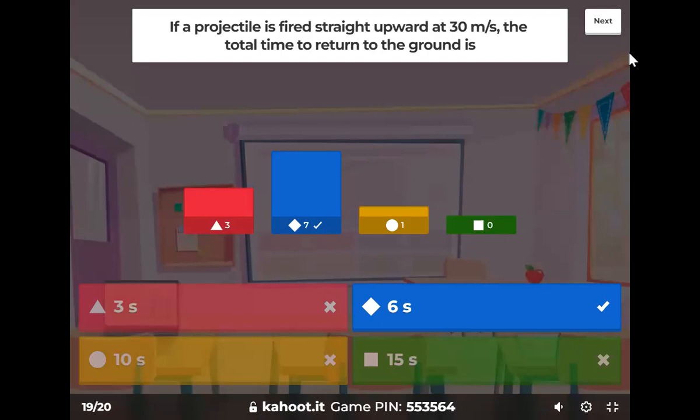Yeah, so if you pick 3 seconds, you're probably taking 3 seconds to get to the top, but you still need 3 seconds to fall back down. That's why the total time is 6 seconds.